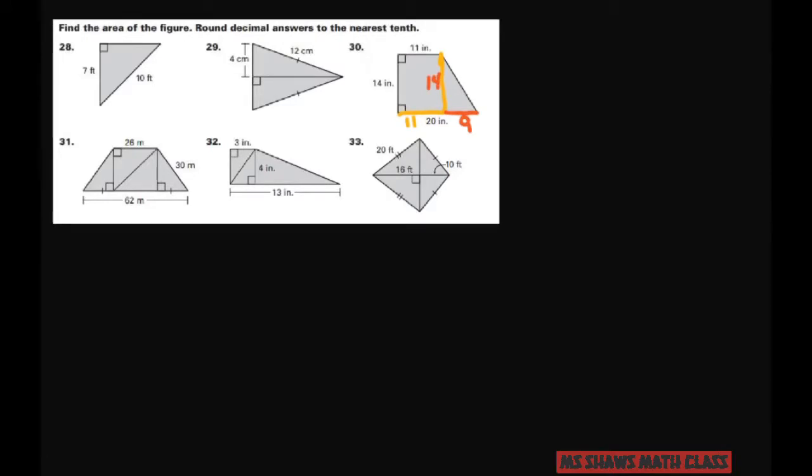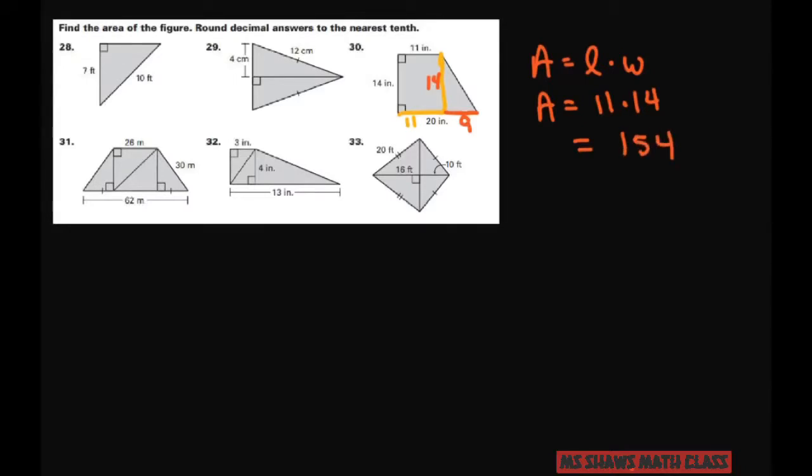So the area of the rectangle is length times width. So that's going to be 11 times 14, which equals 154.